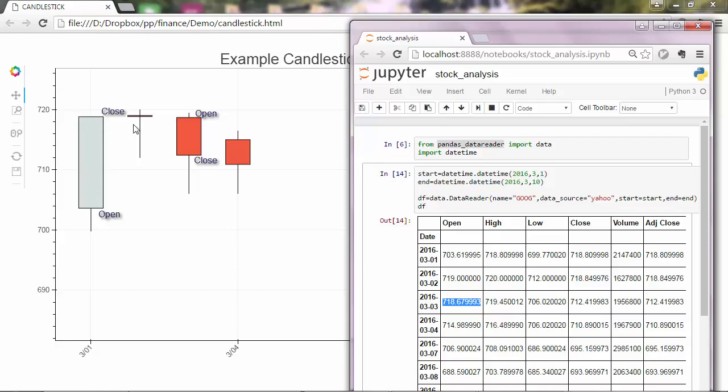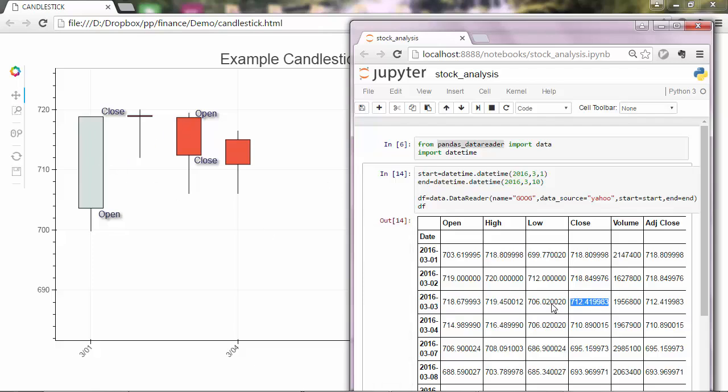And that brings us to the point that rectangles colored in red represent those days where the closing price was lower than the opening price, which means that for that particular company the price has decreased throughout the day. So for Google, the opening of the day was 718, and then it went down to 712. So you have a red rectangle.